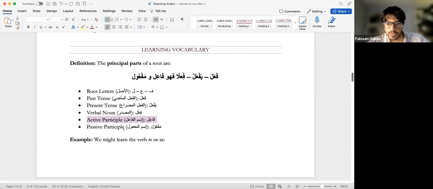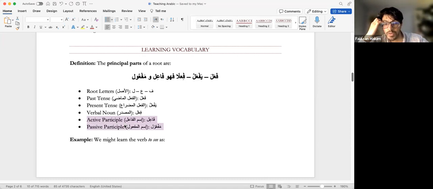The passive participle, maf'ul, is what is done. So doer, done. Actor, acted. This is actually easy. The fa'il is literally fa'il. It is its own scale.